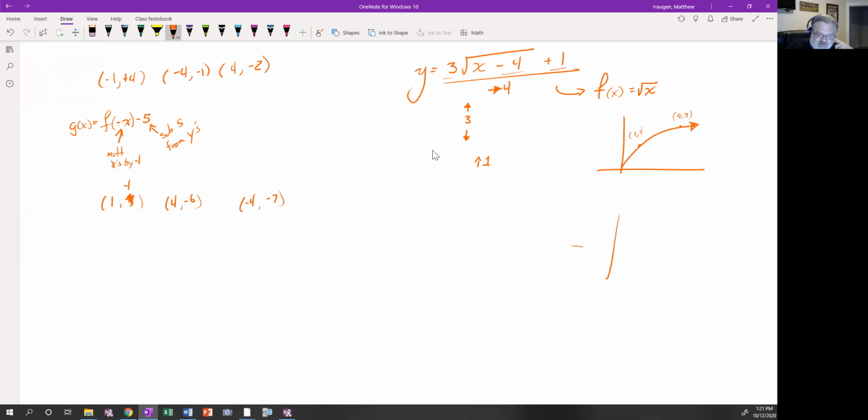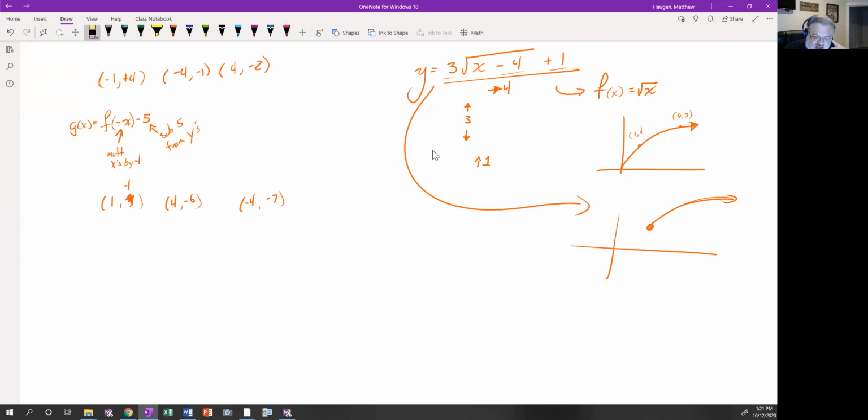So what's this thing going to do? It's going to go that way 4, stretch to 3 times the size, and then lift up 1. We know kind of where the graph is just by knowing what those transformations do. Fair?